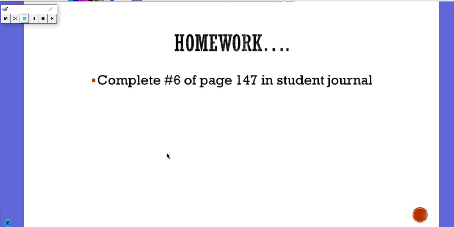All right, guys, I need you to go to your student journal and we're going to complete number 6. Now, I'm telling you, these proofs we've been doing haven't really involved a lot of CPCTC, but we've been doing that part in class. So now I'm just really spending time helping you break down these proofs. Please try this first before you actually go and watch the video.